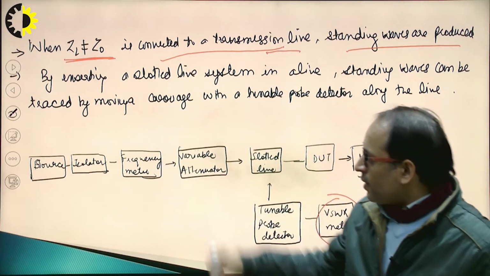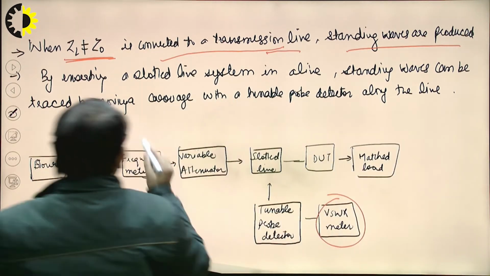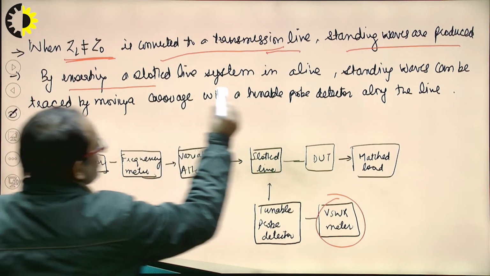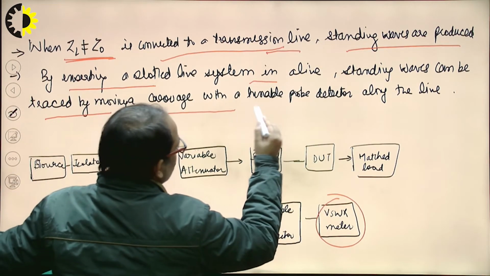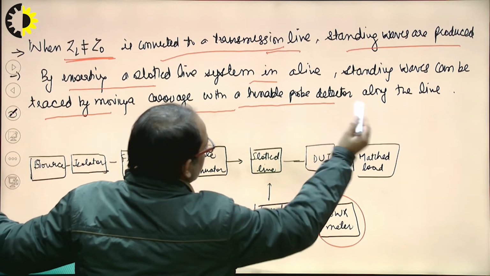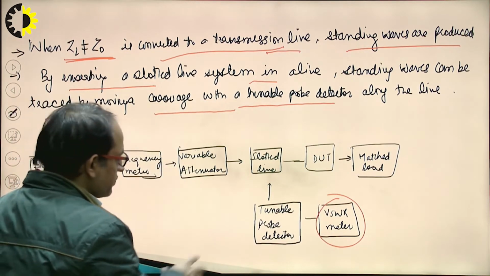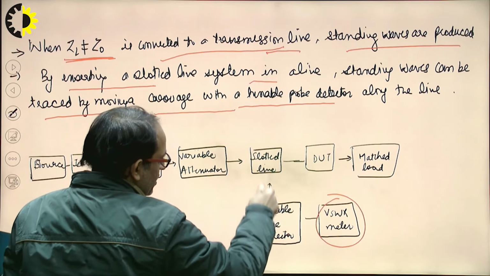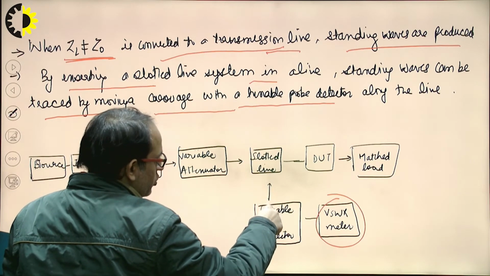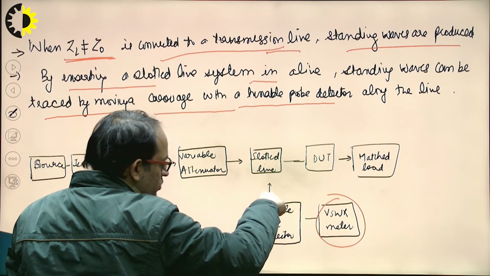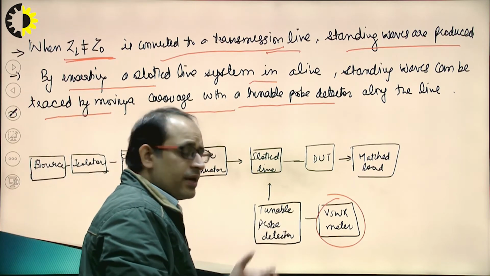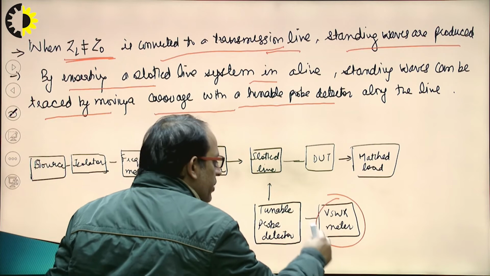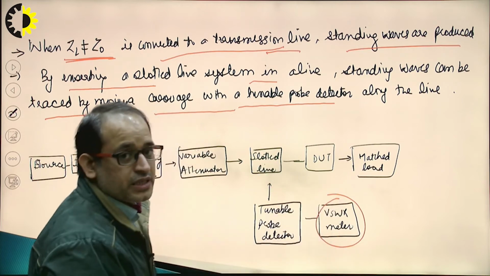Now see what the procedure is by inserting a slotted line system in a line. Standing waves can be traced by moving a carriage with a tunable probe along the line. Means in the slotted line section, there is a crystal detector or tunable probe. This tunable probe has to be varied in such a way that maximum deflection will be obtained on the VSWR meter.